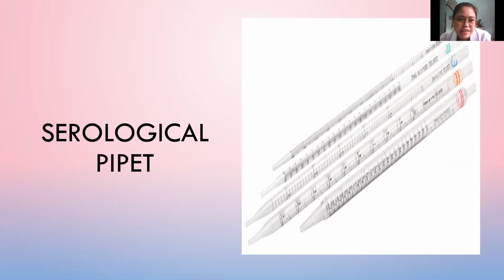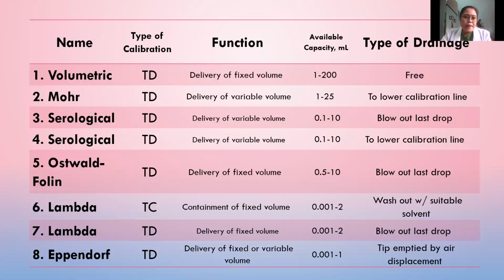Okay, so this again is a serological pipette. We have a blown out pipette na serological, and then we have another one na to the calibration line. Okay, so like when you want to deliver 4 ml, pababa ka hanggang you'll get the 4 ml. Depende sa minimeasure mo or dinideliver mo na volume. Okay, again, that is serological pipette.